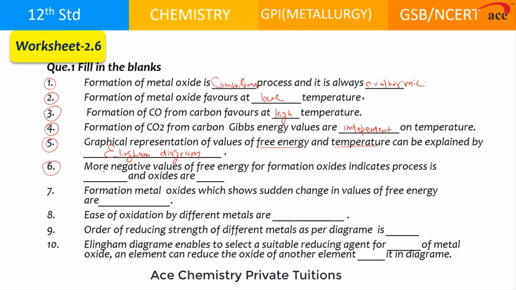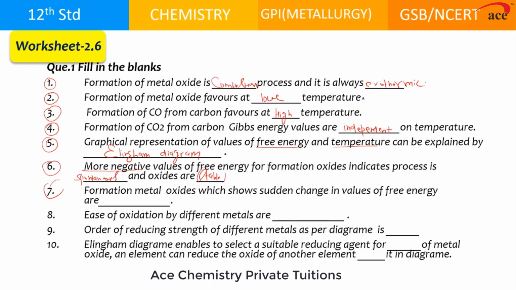Sixth, if you will see, more negative values of free energy of formation of metal oxides indicate that the process, as per thermodynamics, is spontaneous, or you can say feasible, and oxides are stable. They are stable oxides.